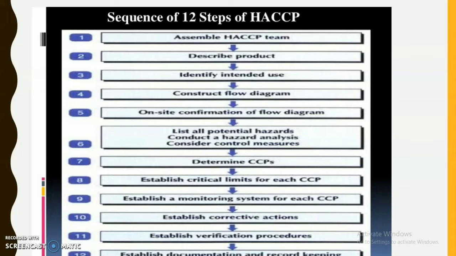So a good monitoring system must be there, and next we have to establish a corrective action and establish a verification procedure. That is, every corrective action must be verified, and we must document and record all these verifications and corrections. So documentation and record keeping is very important in HACCP.